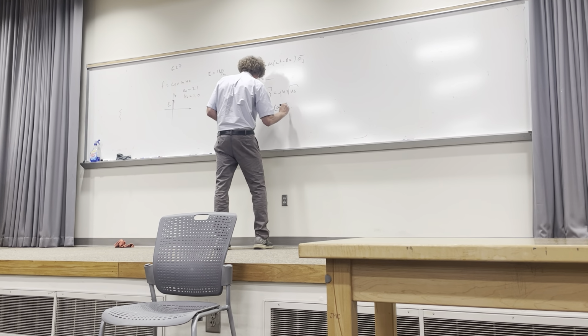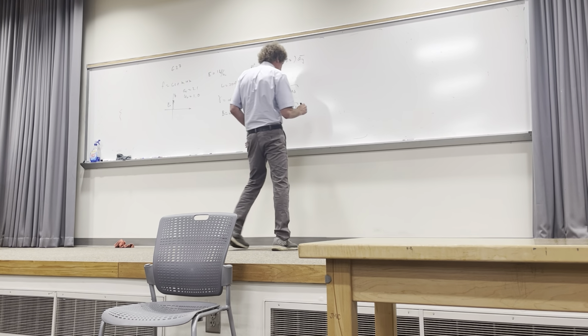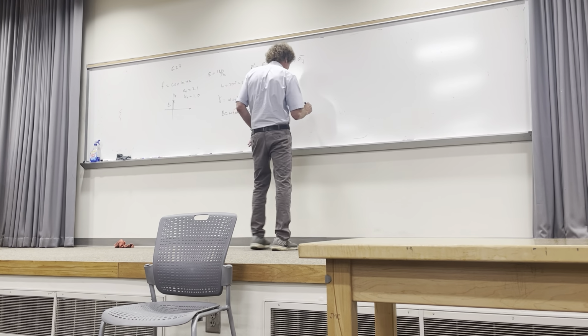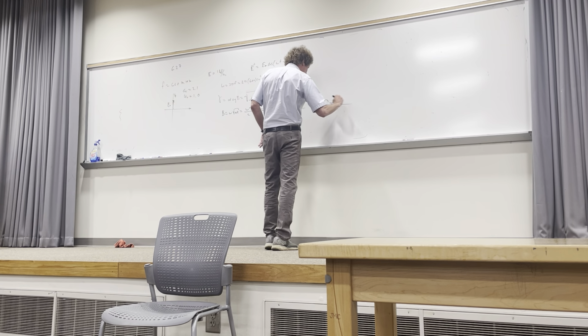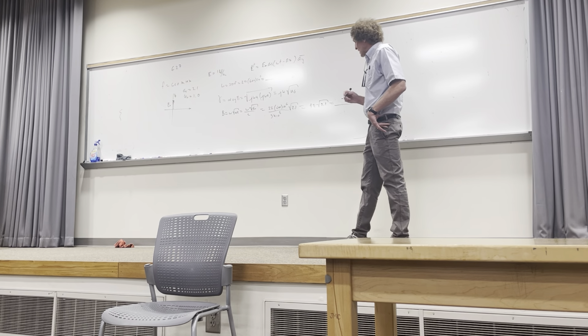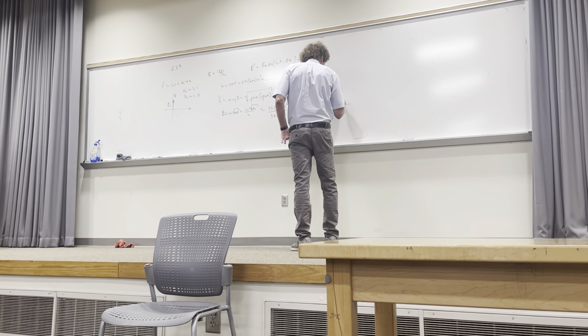That's 6 times 10 to the 8th over 3 times 10 to the 8th, which is 2. So it's really 4 pi times the square root of 2.1. Can anybody give me that? 18.23 radians per meter. That's beta.